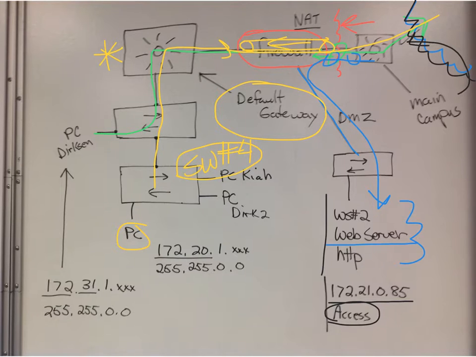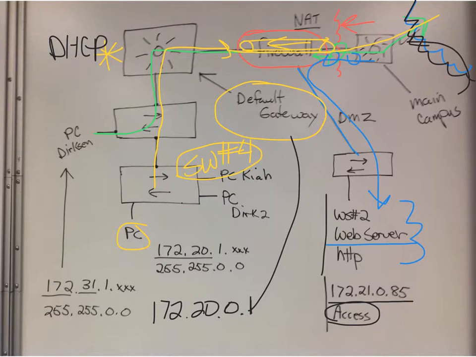In fact, I can give the address for that. It was 172.20.0.1. There was actually a DHCP server running inside this switch that gave our workstations their addresses. So they all should have an address like this.